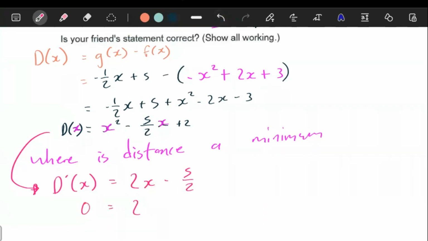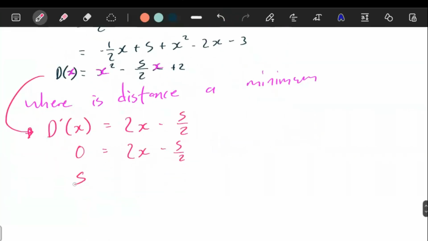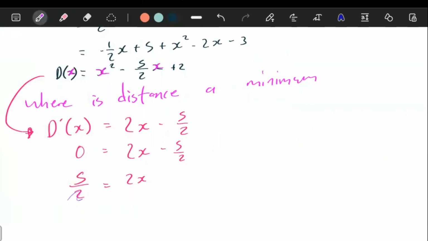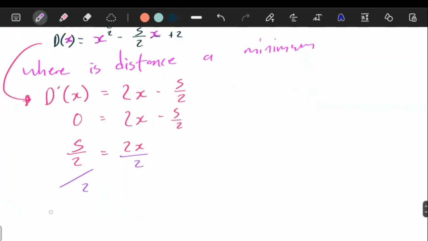This is going to be 2x minus this. The 5 over 2 goes to the other side. And then you have to divide both sides by 2. So the value of x is going to be 5 over 4, like that.